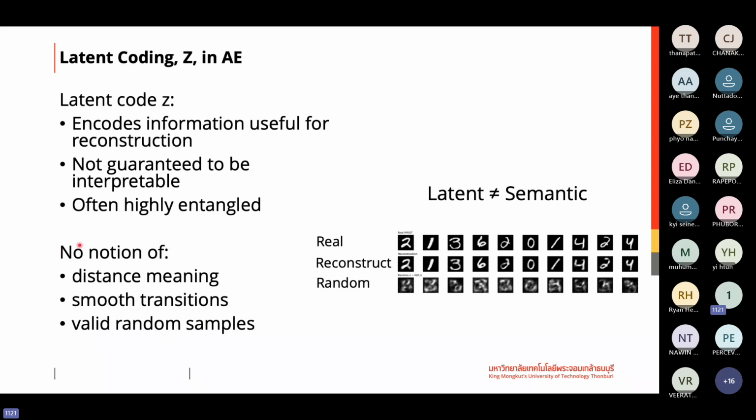The reason that is the case is that the AE, autoencoder, does not know distance. It doesn't know whether one distribution is different from another distribution. It just remembers the vector.